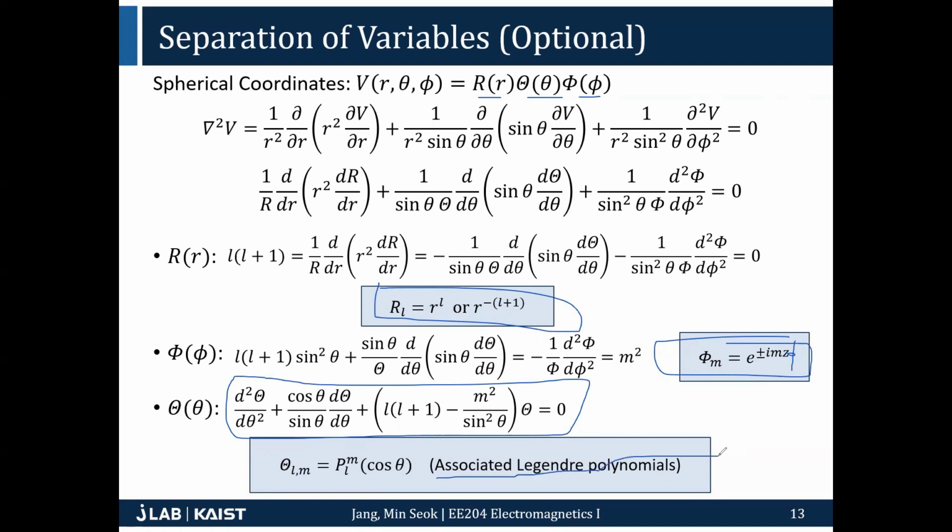And the solution for this equation has the name associated Legendre polynomials. It's a complicated name, but you can just consider it as a cosine and sine function, right? Cosine and sine also look complicated, going up and down all the time, but we just call them cosine and sine. Similarly, associated Legendre polynomials have their own functional form, and it looks like this.